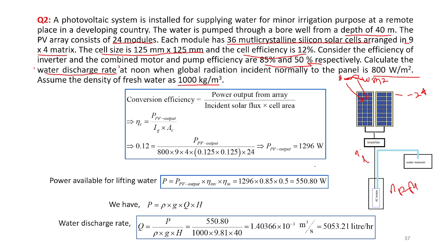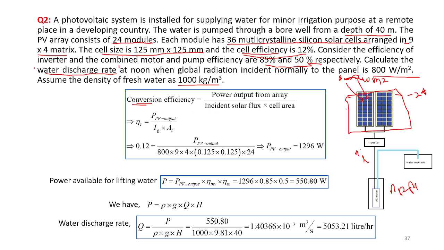Focusing on each component, if we focus on the PV array, the conversion efficiency is given for each cell. The conversion efficiency will be the power output from the array upon the power input.